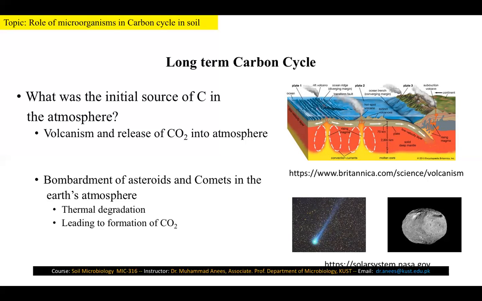This may be the initial source of carbon dioxide in the atmosphere. So it is believed that volcanism and heavenly particle degradation were the initial source of the carbon cycle.